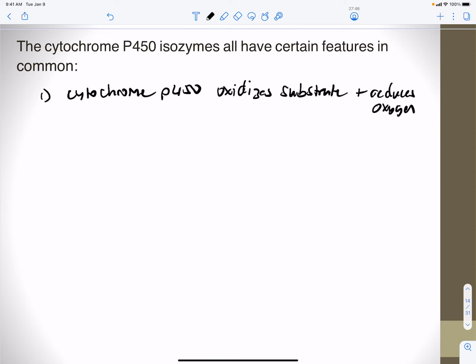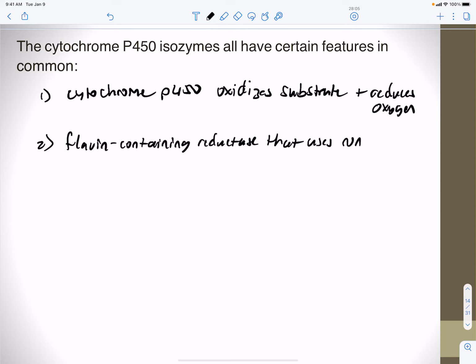And another thing is they are all going to have a flavin-containing reductase that uses NADPH. And they're all going to be found on the smooth ER, and are referred to as microsomal enzymes.